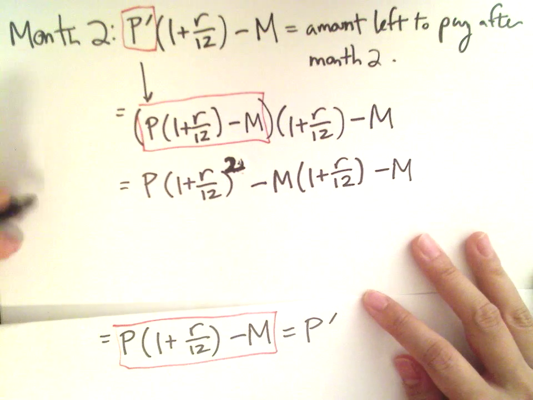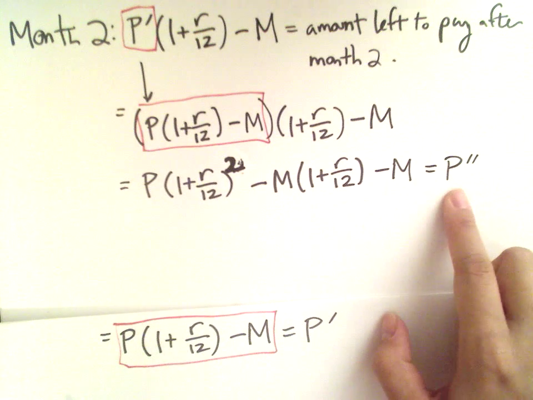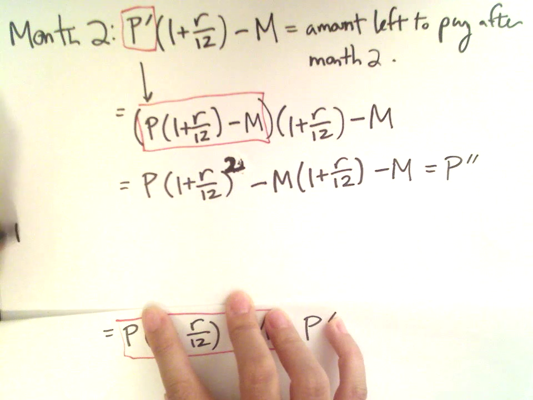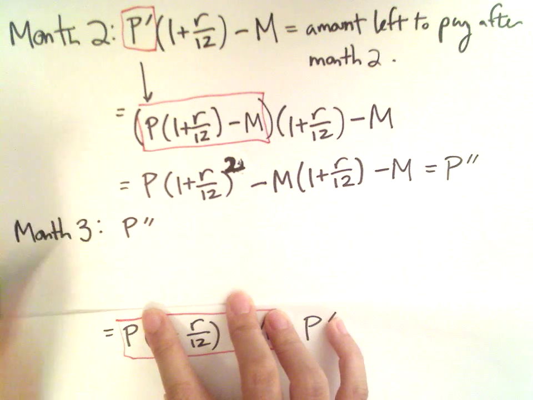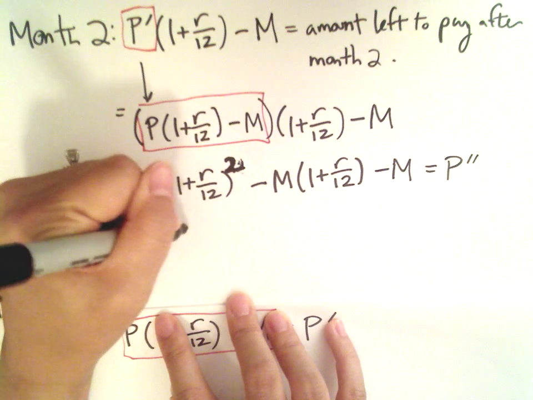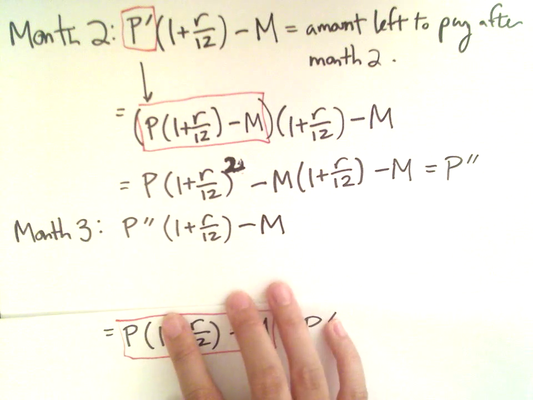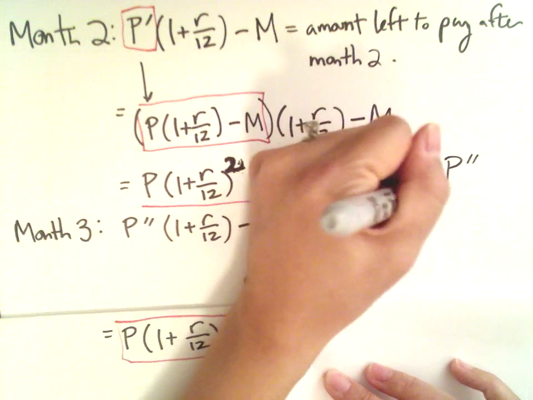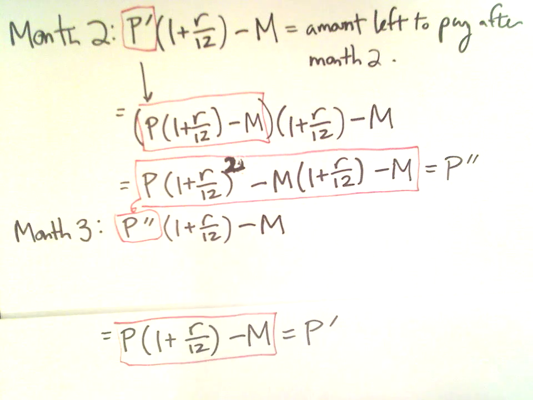All right, let's do month 3. We're going to call this P double prime to indicate that that's the amount left to pay after month 2. Now, for month 3, we're going to take that amount that's left after month 2 and do the same thing. It's going to accrue some interest, and you're going to subtract off your monthly payment. And so then we just take all of this and substitute that in right here.